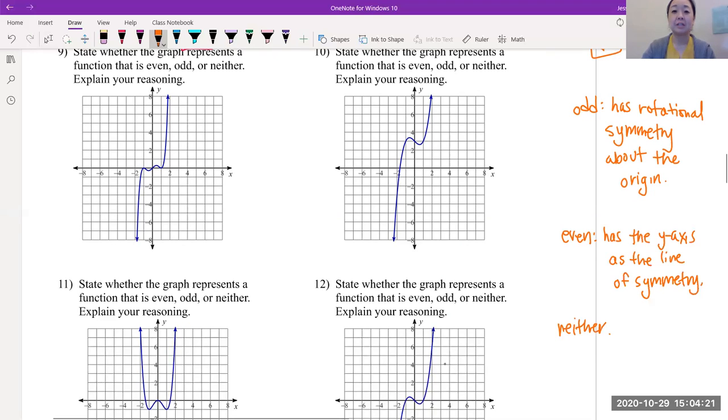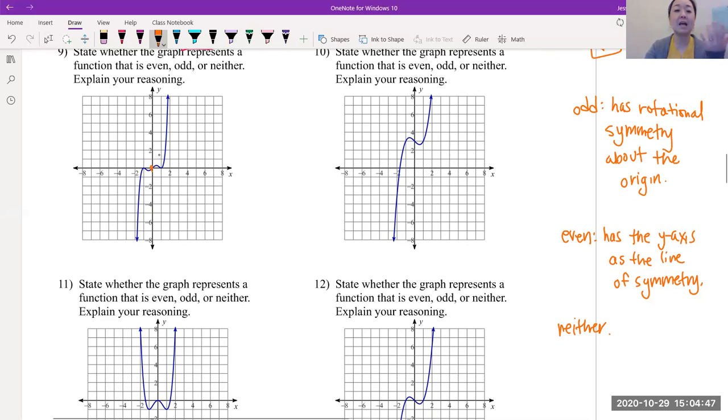Okay, so here we go. If we take a look at this one, let's first check: is it odd? I'm going to put a point right here in the middle and ask, can I rotate it? If you go upside down, or if you're watching this on your phone, just turn your phone upside down, unless it does that auto-rotate thing, in which case be very careful. You'll notice it looks exactly the same.